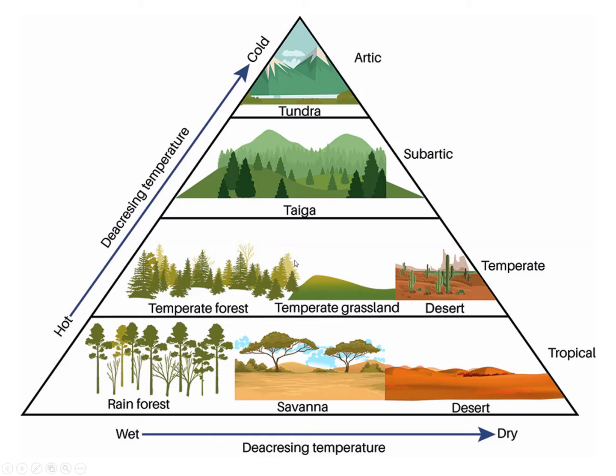Then comes the temperate, where temperate forests are lying, then temperate grassland and deserts. And then taiga, subarctic, and then comes tundra or the Arctic, and as you go upward towards the polar zones, the temperature decreases from hot to cold.